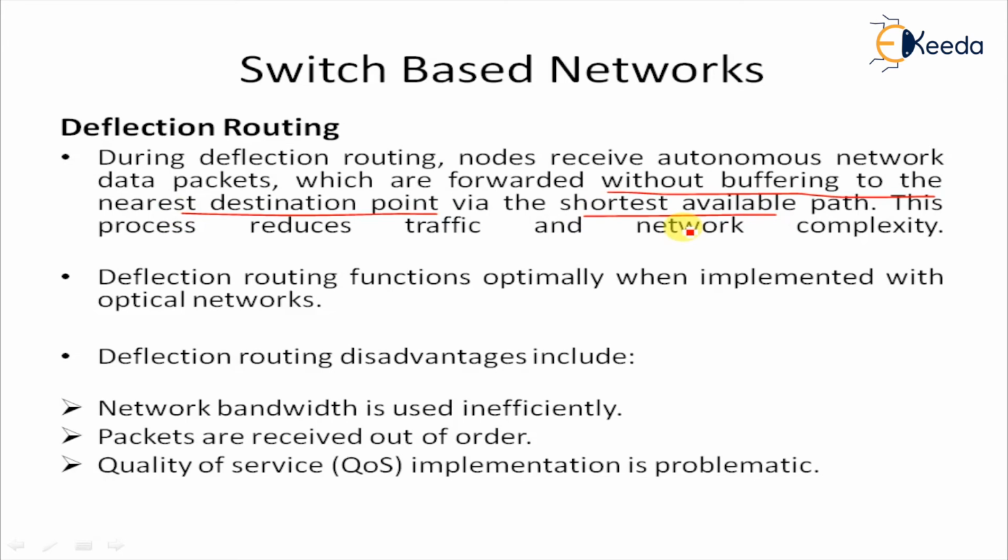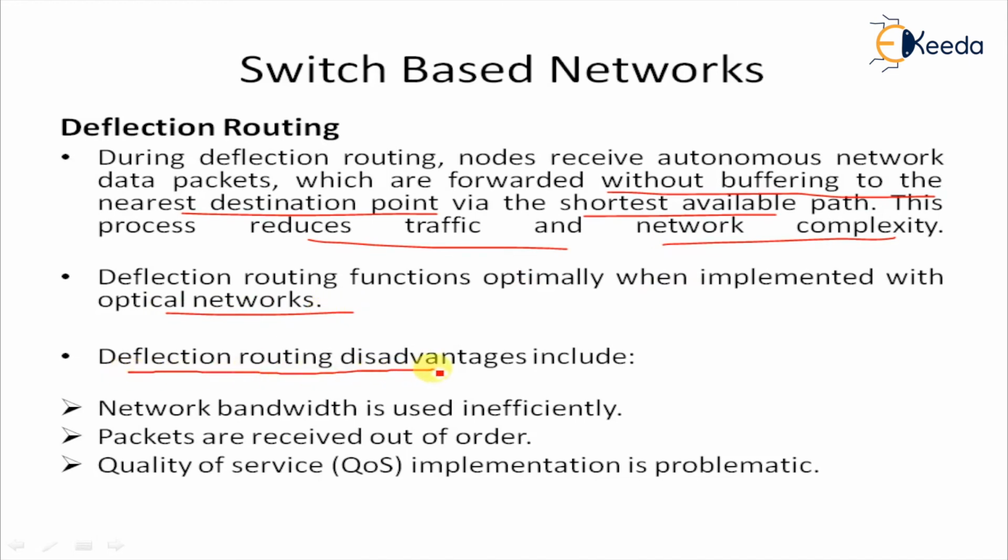Using this algorithm, the nearby destination is selected for transmission of the data without buffering the packet. This process reduces the traffic and the network complexity. Deflection routing functions optimally when implemented with optical networks, and also in switch-based networks.